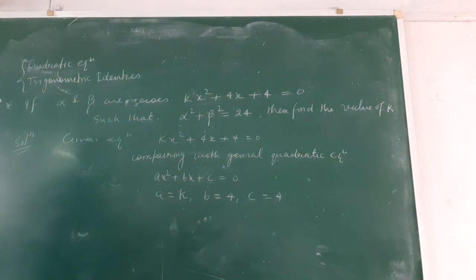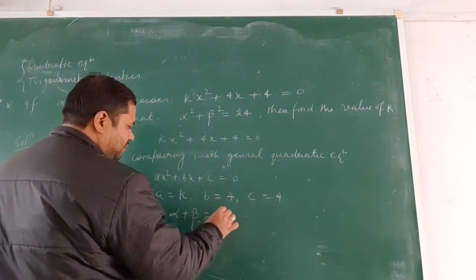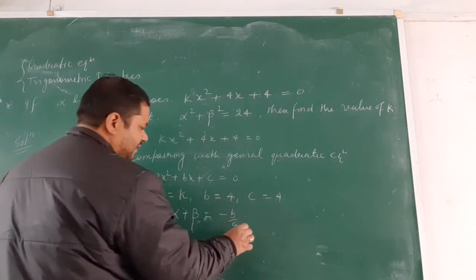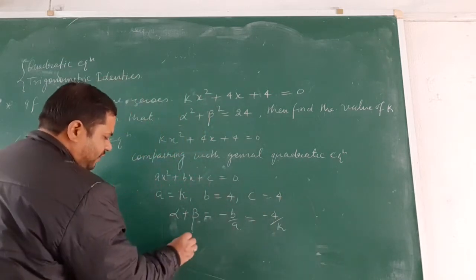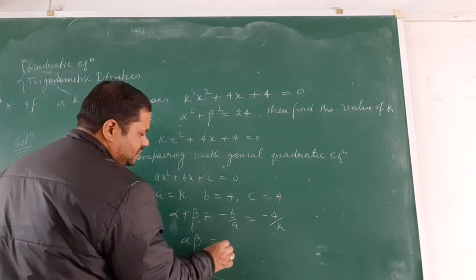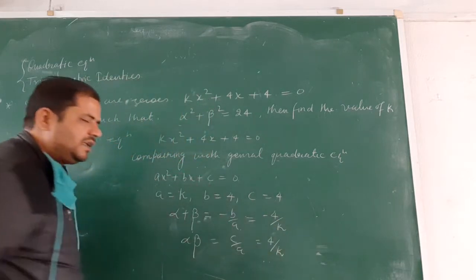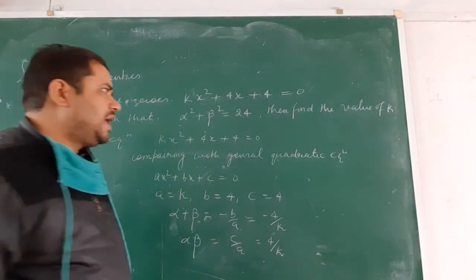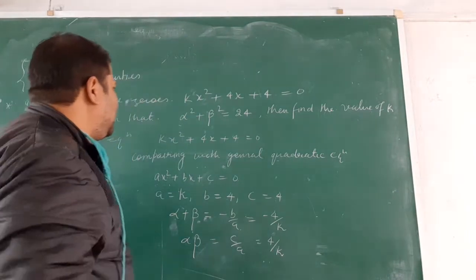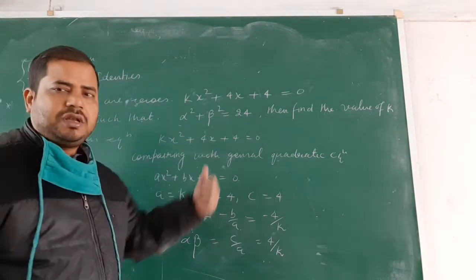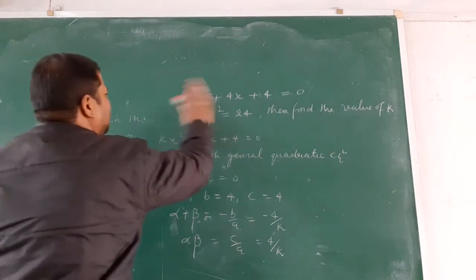Now find alpha plus beta. This is nothing but minus b by a, which is minus 4 by k. And alpha beta, the product of roots, is c by a, which is simply 4 by k. Then we use the identity, so maybe you note this question.